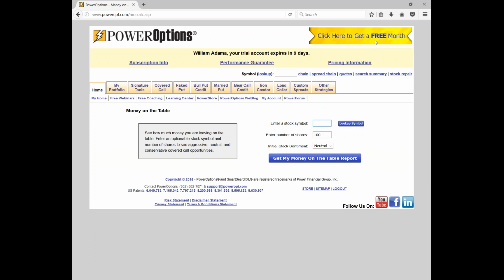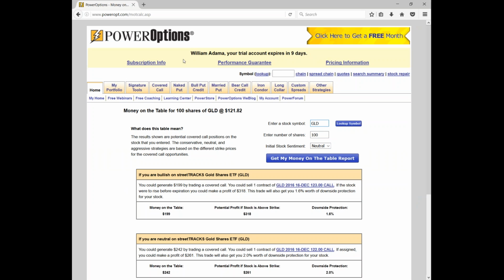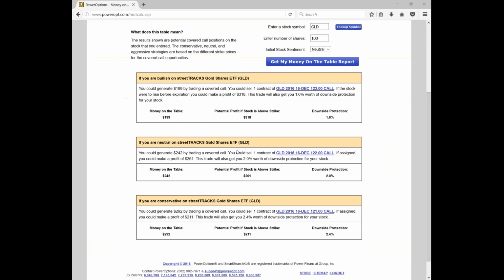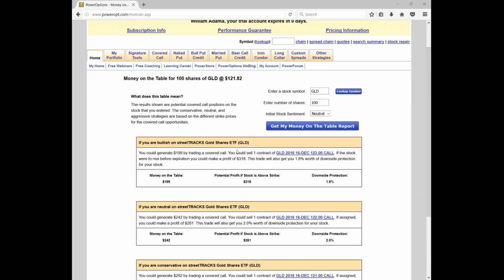If I go to quick find, and I'm just going to put in 100 shares of GLD, and I'm going to say I'm neutral. Okay, just relatively neutral. Could be slightly bullish, slightly bearish, but we're going to go neutral. And click the button here that says Get Money on the Table. What this tool shows you, of course, is the likely calls that you would sell in this position.